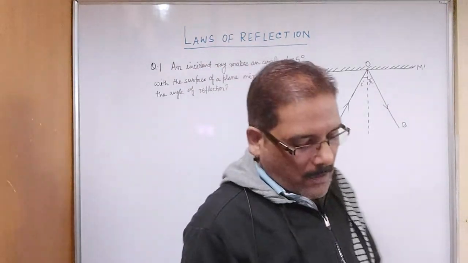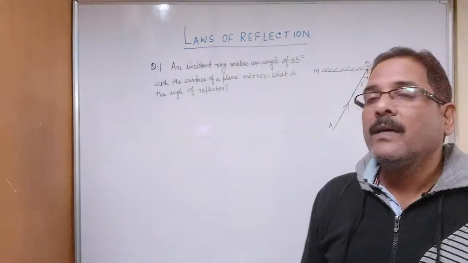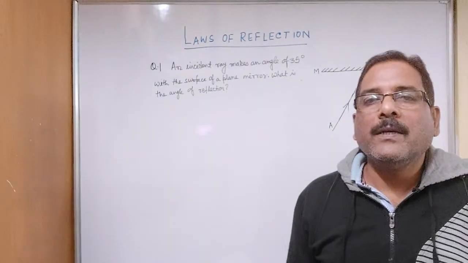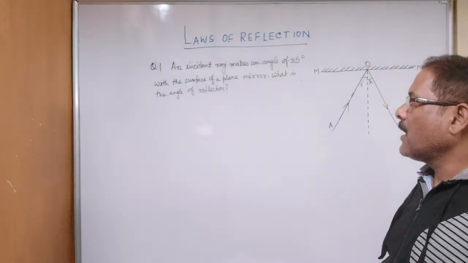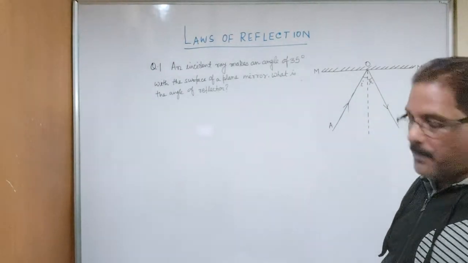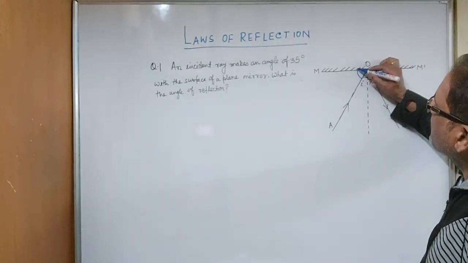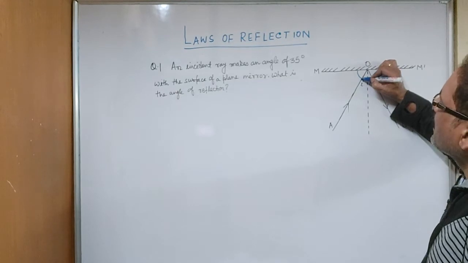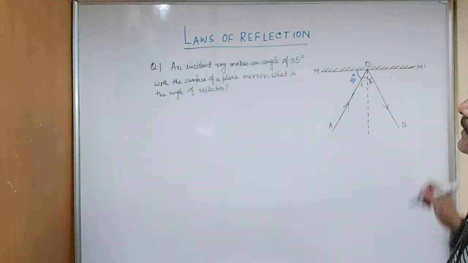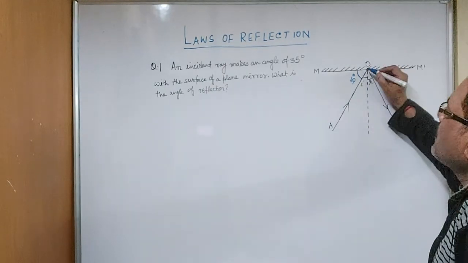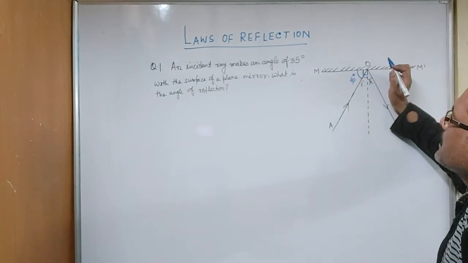So, any problem in understanding the question? 35 degree is given, which is not the angle of incidence, children. An incident ray makes an angle of 35 degree with the surface of the plane mirror. So this angle is given. Now you know that this is normal, isn't it?